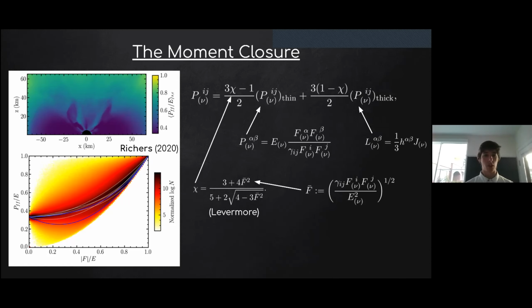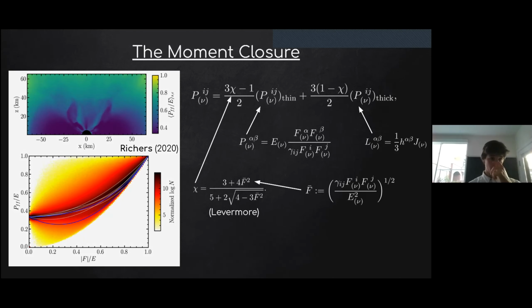So there's a lot of places in here where this approximate closure really just doesn't work. So the goal then would be to say, well, I have all this Monte Carlo data. Let's see if I can improve this closure so we get a good closure while at the same time getting all the speed up benefits of just doing moment transport.